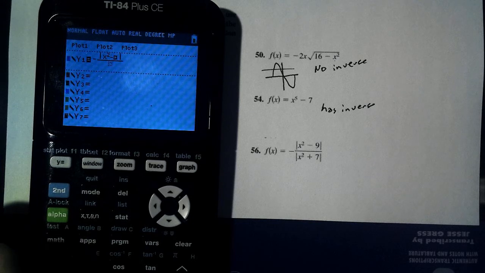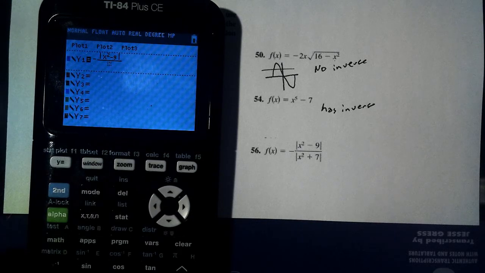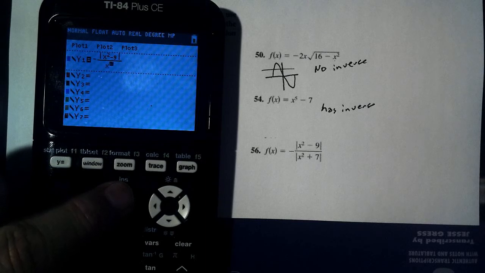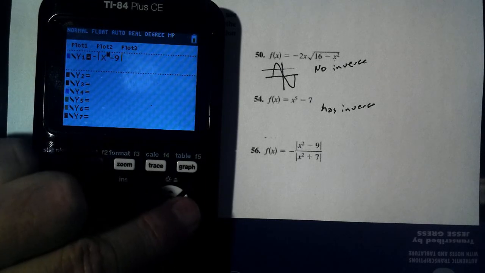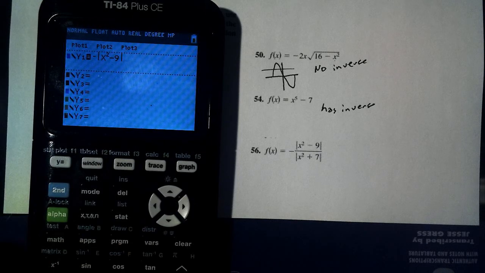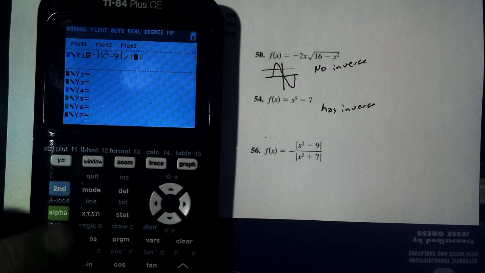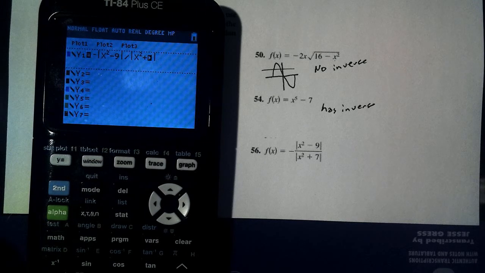X squared minus 9, on x squared, whoops, delete. Oh, shucks, I'm just going to put divided by now. I lost it. Divided by alpha window, absolute value, x squared plus 7.